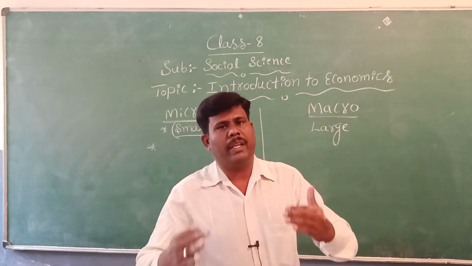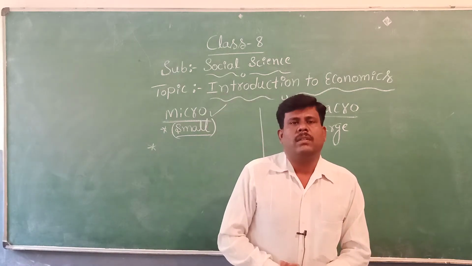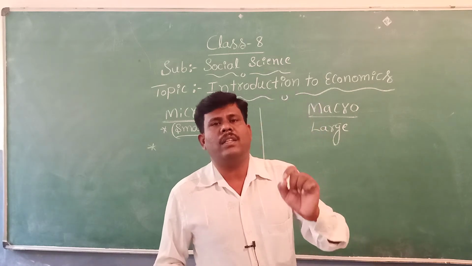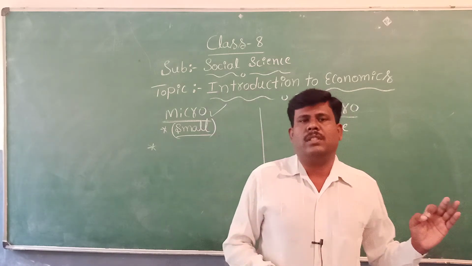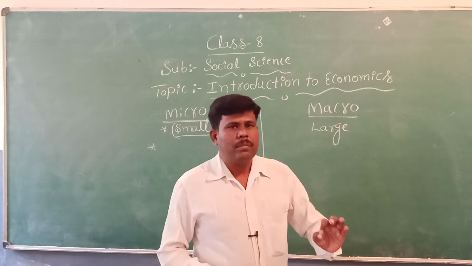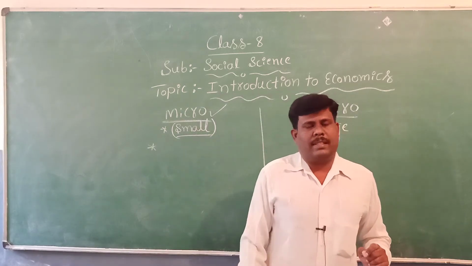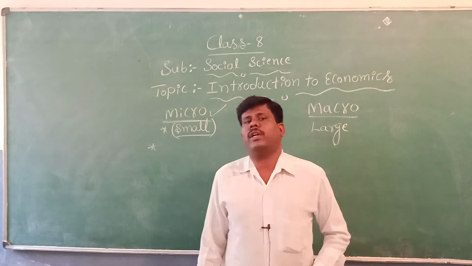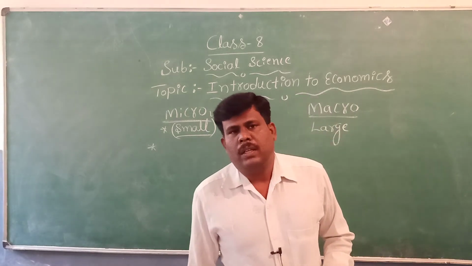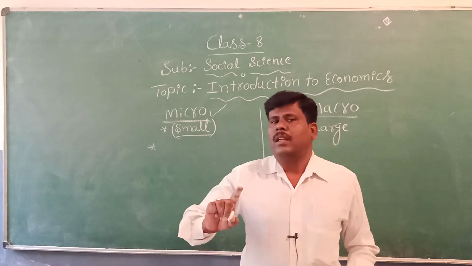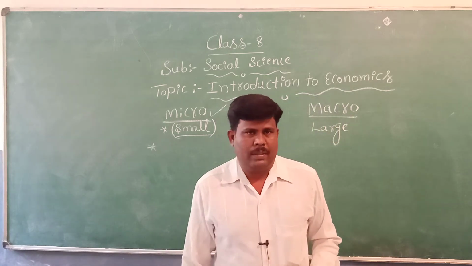In this, the government also plays a very important role in decision making. What important decisions does the government make? One, collection of taxes. It's a macroeconomic concept. Taxes are not collected from only a single person.